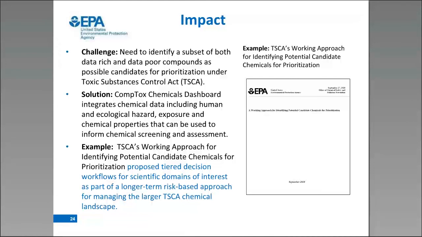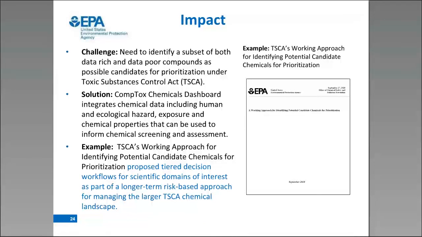The challenge was to make informed decisions about the potential health effects of various chemicals. The example I showed here is pesticide assessments. The solution was that ORD researchers, from the National Center for Computational Toxicology and I believe the National Center for Environmental Assessment, provided California EPA staff with training on the use and interpretation of the chemical testing data within the CompTox Chemicals Dashboard.